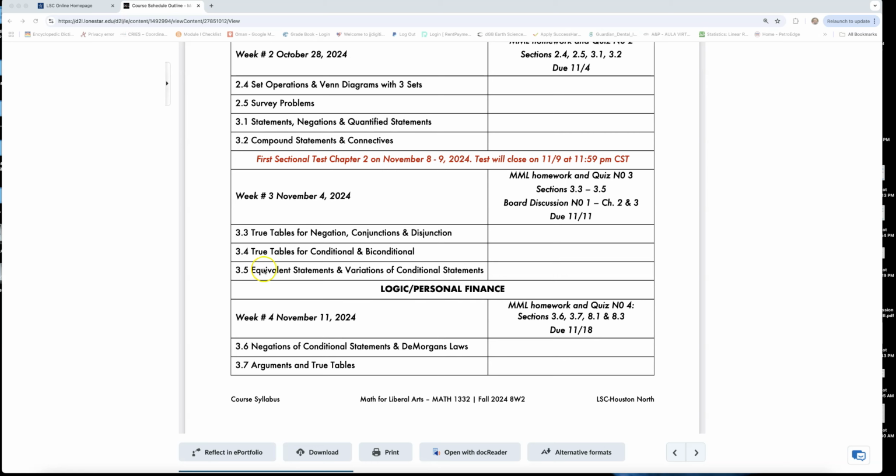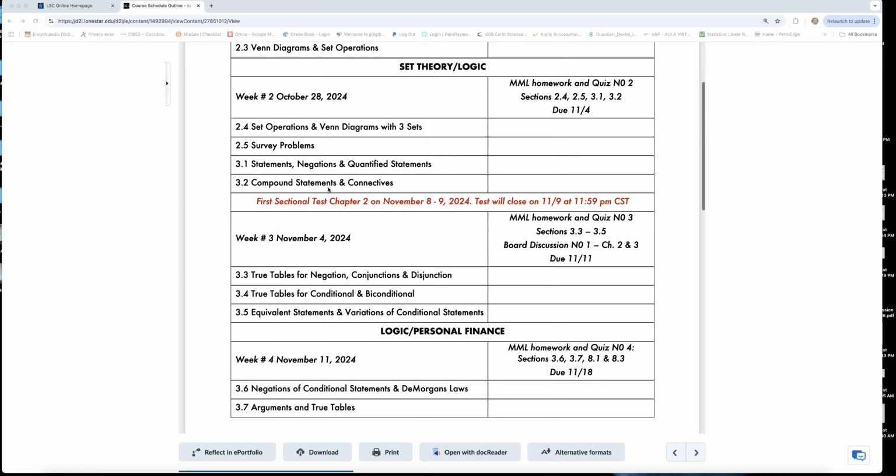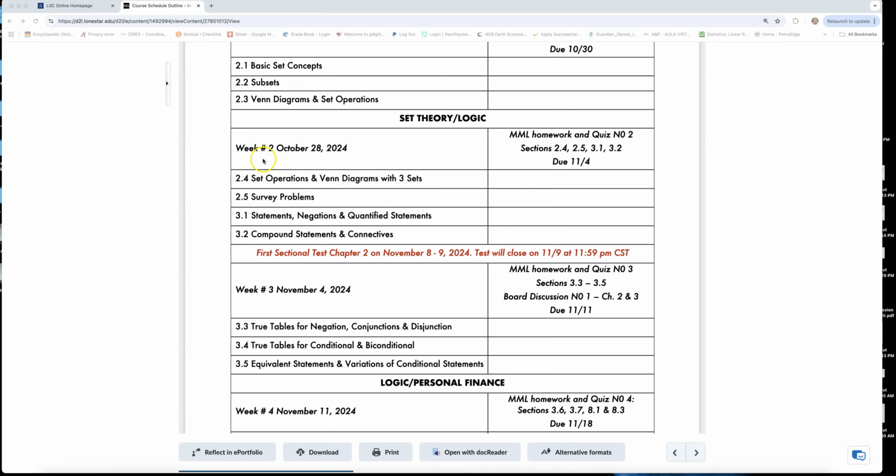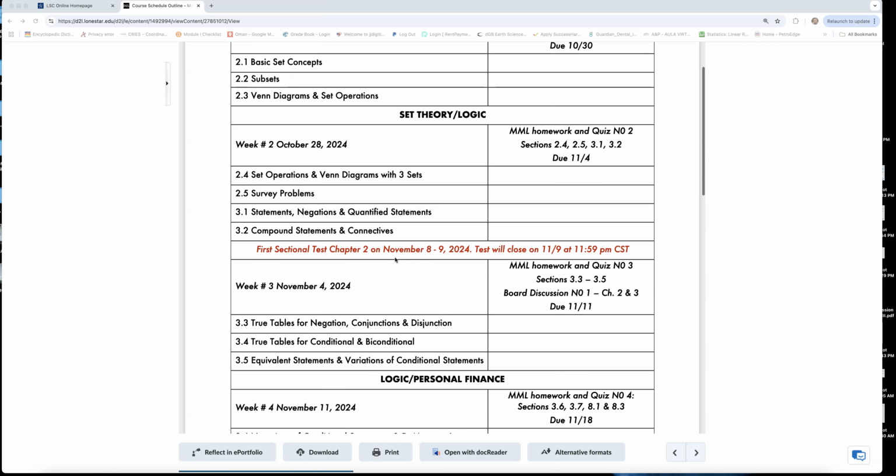Let me just see what we have done in week number 2. In week number 2, we closed chapter number 2 about set theory. Since we closed that chapter and you were supposed to finish the corresponding homeworks this Monday, what is coming by the end of this week that starts today is the first sectional test, which is going to be about chapter number 2.